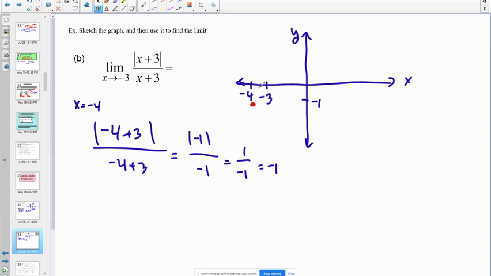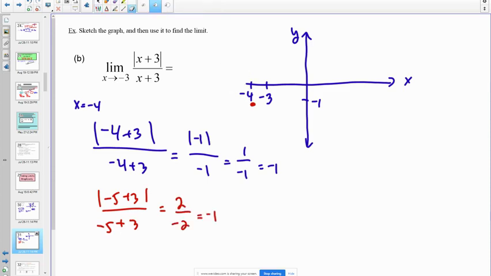What if I plug in -5? If I plug in -5, okay, what I'll get is 2 over -2, which is -1. So if I plug in -5, I'll get -1.